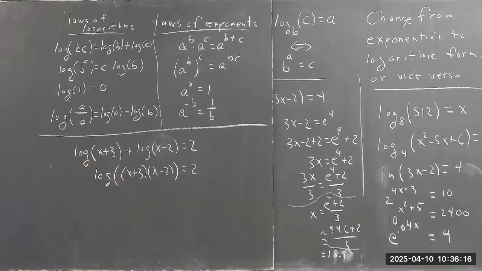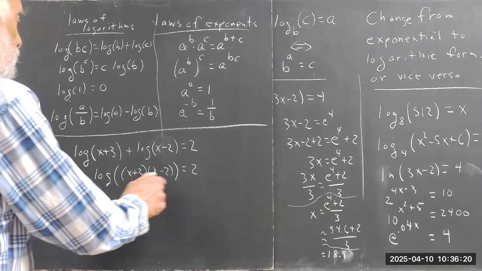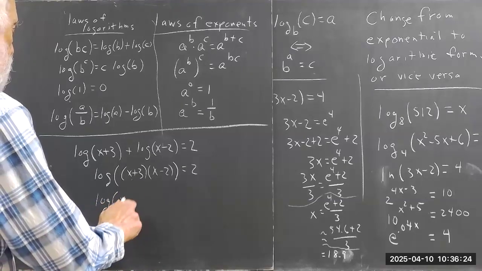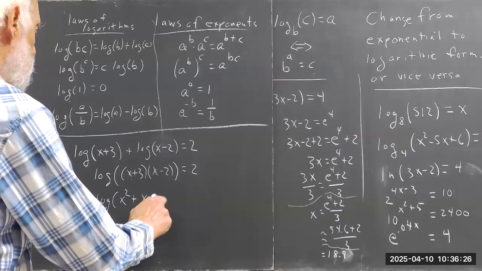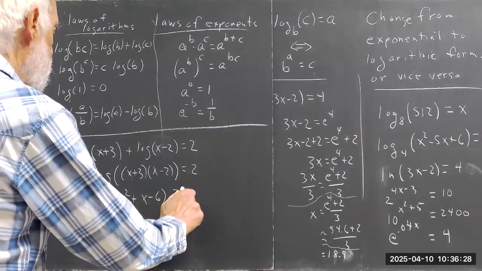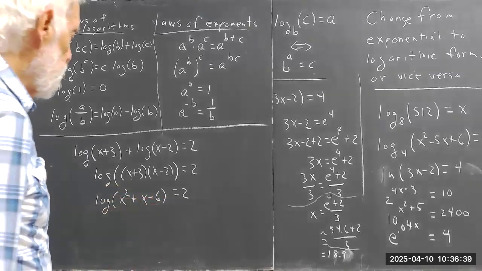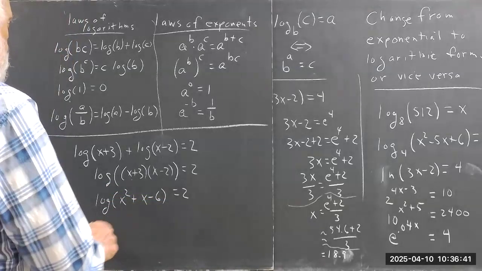Now, I could expand what I have in here: log of x squared plus x minus 6 equals 2. And then you could change this to exponential form.